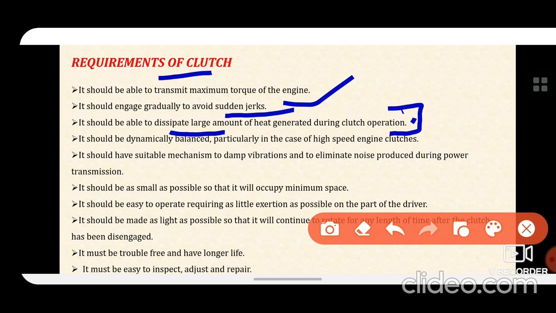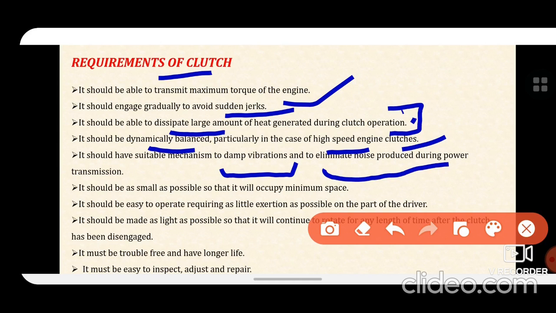It should be dynamically balanced, particularly in the case of high-speed engine clutches. It should have a suitable mechanism to damp vibrations, which is very important, and to eliminate the noise produced during power transmission.